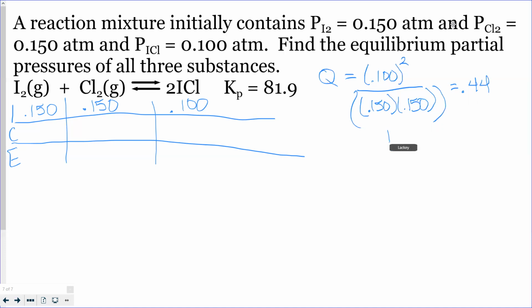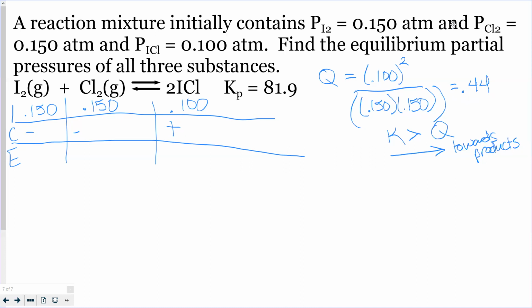So we're comparing K and Q. K is greater than Q, so the reaction proceeds towards the products. That means that we are going to add on our product side and subtract on our reactant side by a factor of X. Remember, you have to use your coefficient.